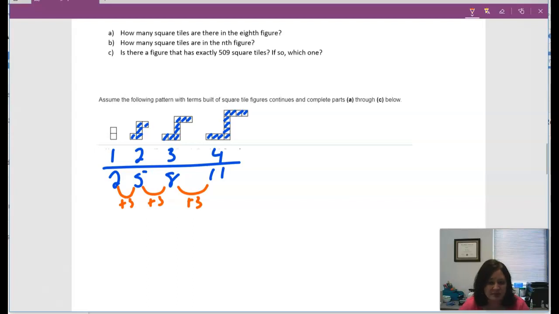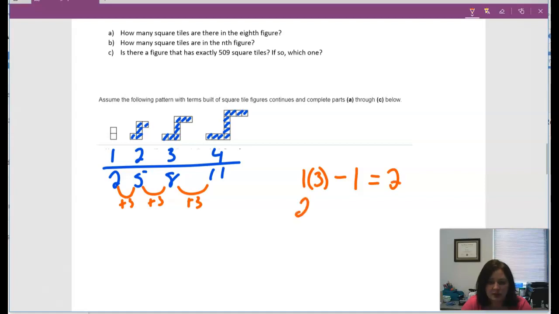Now we have to do something based on the terms. If I take 1, I'm going to multiply it by 3 because that's how many we're adding. 1 times 3 is 3, but I need a 2. So how can I go from 3 to 2? I'm going to subtract 1.